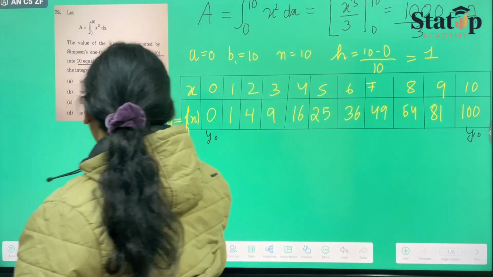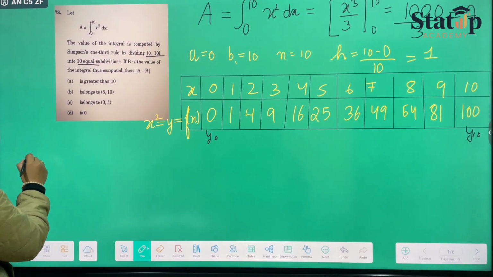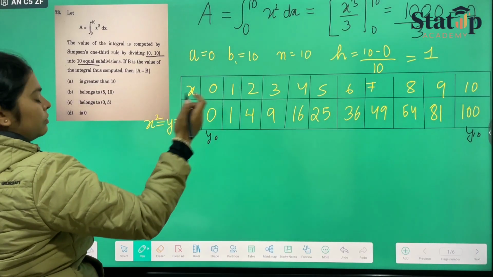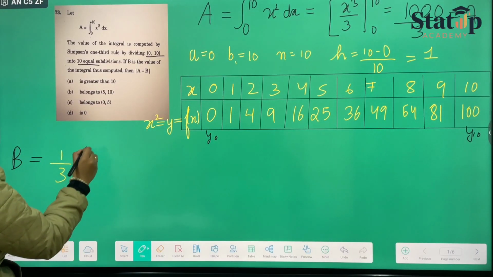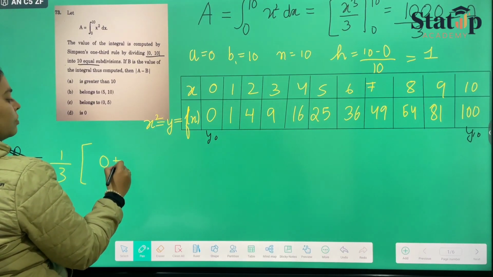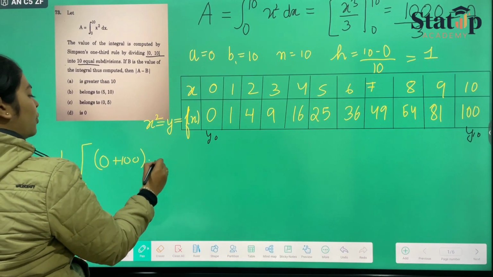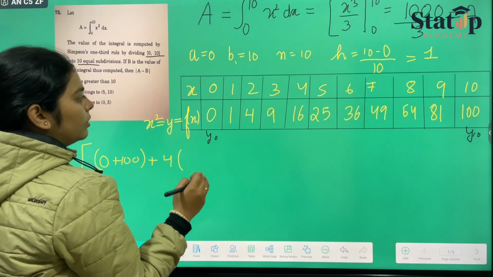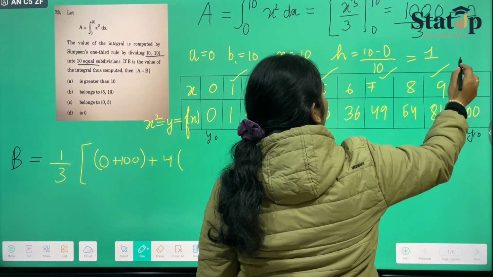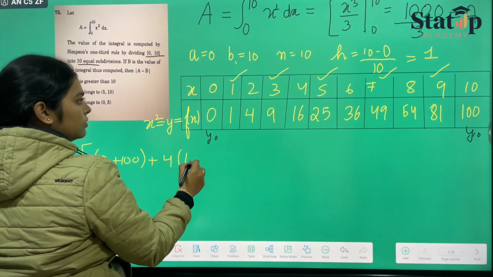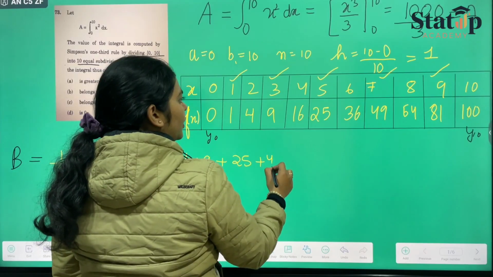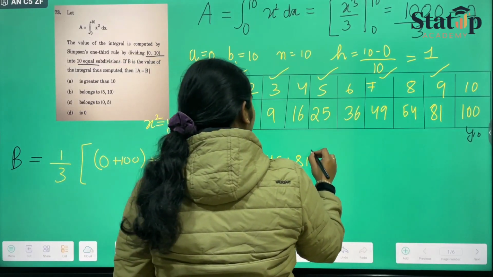So just putting the values directly into Simpson's formula, the formula will be equal to h by 3. h is 1. 1 upon 3 into bracket y0 plus yn, which is 0 plus 100, plus 4 times all the odd terms 1, 3, 5, 7 and 9. 1 is 1, 3 is 9, 5 is 25, 7 is 49 and 9 is 81.